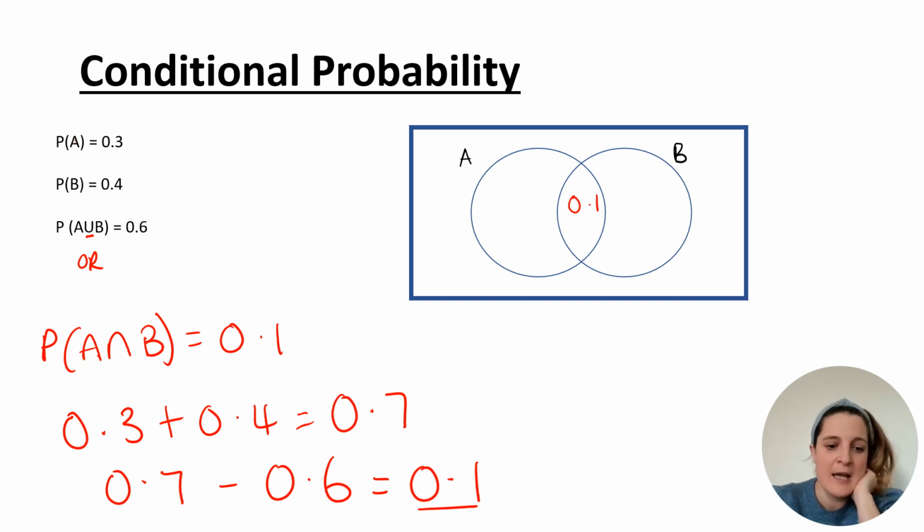Okay, so now I can fill in the rest of my Venn diagram. I know that A has to add up all together to 0.3. I know that for A and B to happen it's 0.1, so A on its own must be 0.2. Good, they add up to 0.3, that's done. The probability of B is 0.4, so this means that 0.1 is going to need to be added to 0.3 to make 0.4 altogether.